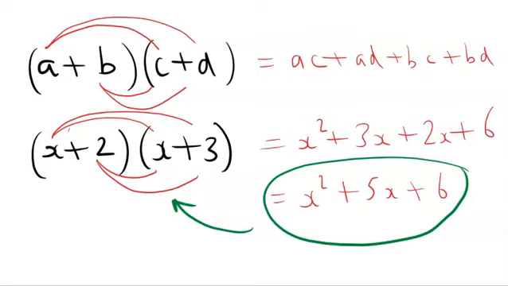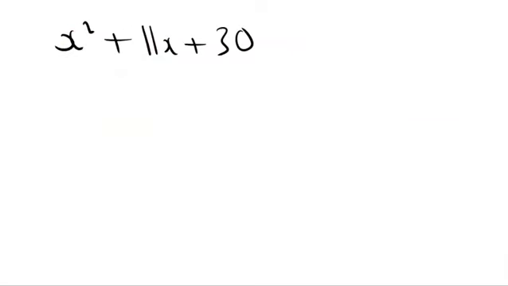Okay, for example, this one here, what we do is we must have two brackets like this. To get x squared, we must have x times x. They're all plus signs, so no choice here.